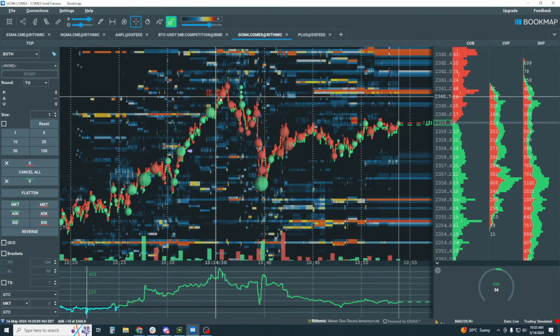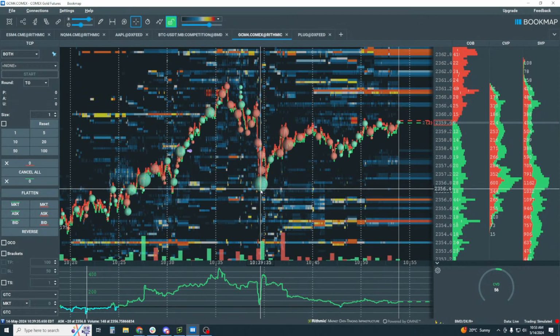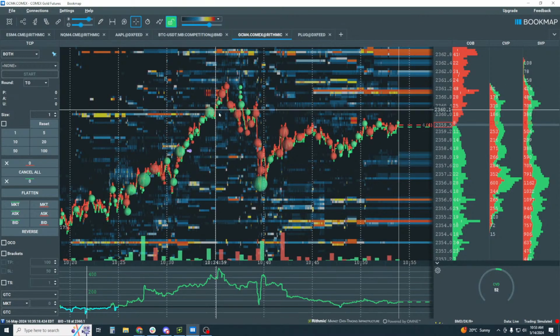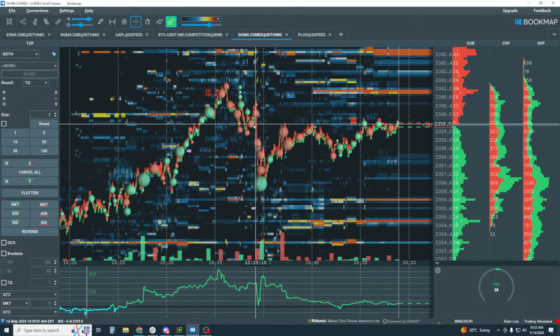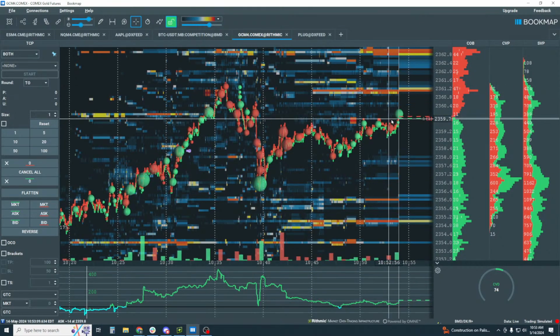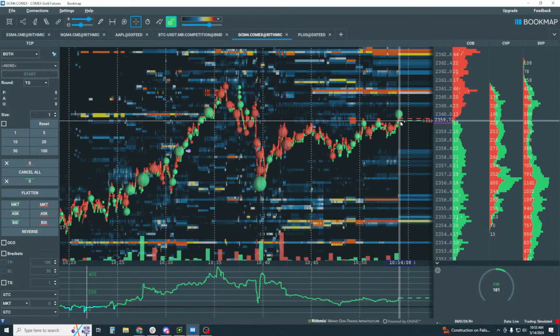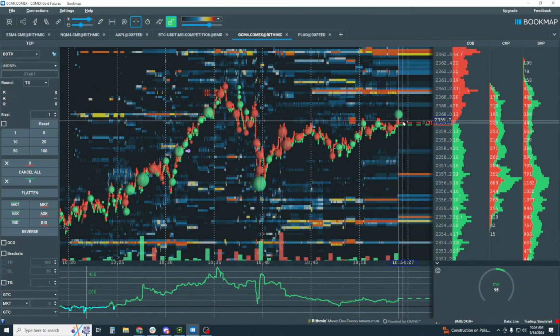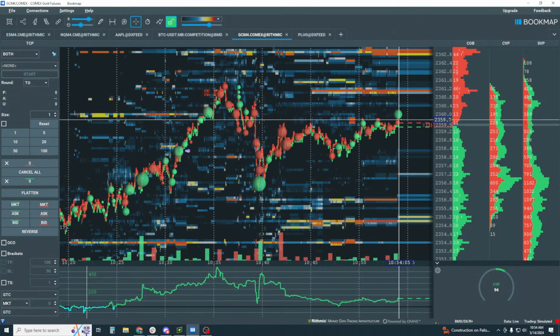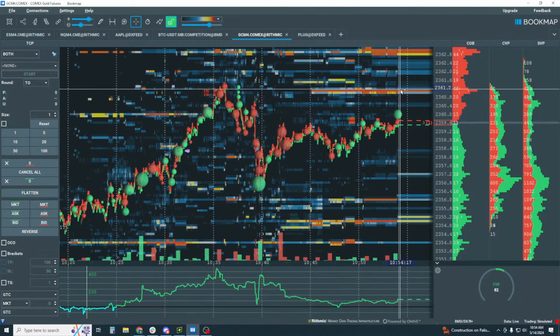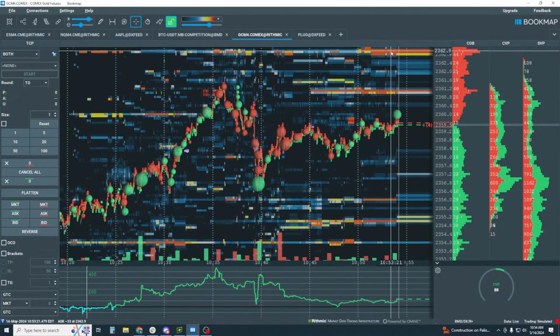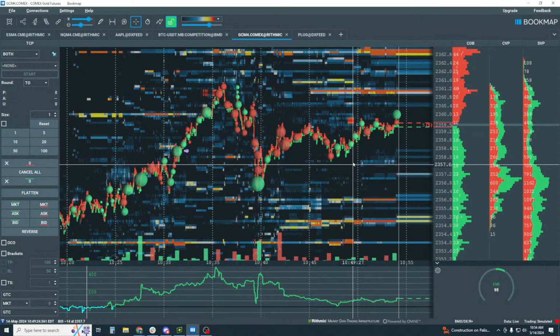Here's where the buyers broke out. Here's where the sellers shifted it away from this cluster of activity. Now we need to see buyers break out above it, and they're starting to. So let's see if they can come up to the 60 and 61.20 here, and then 63.